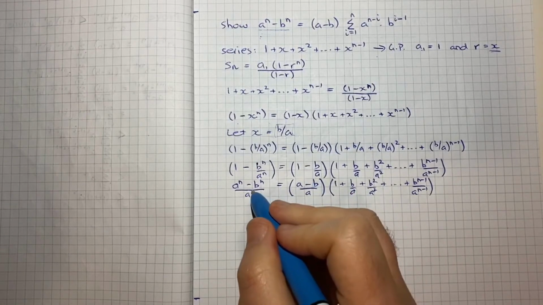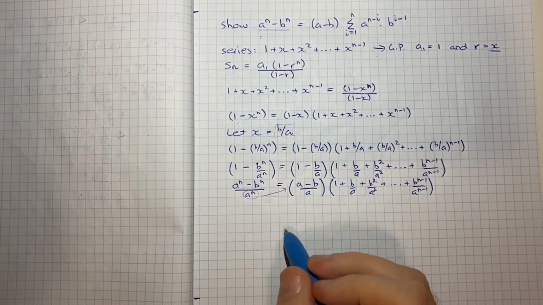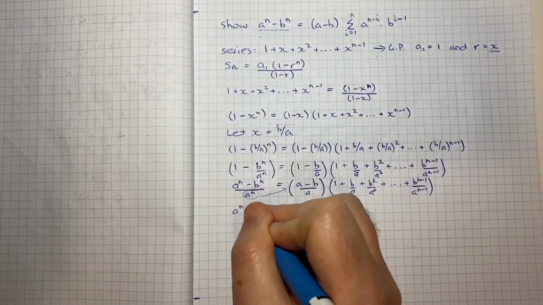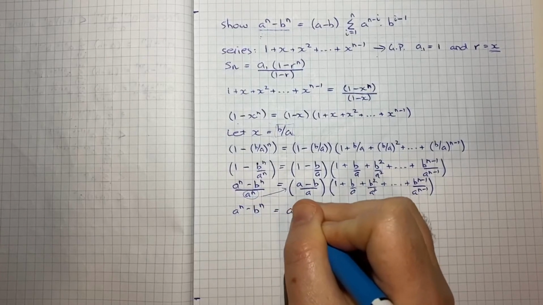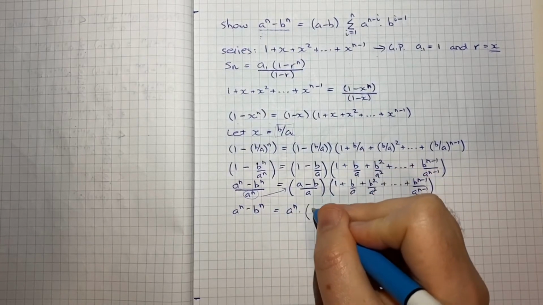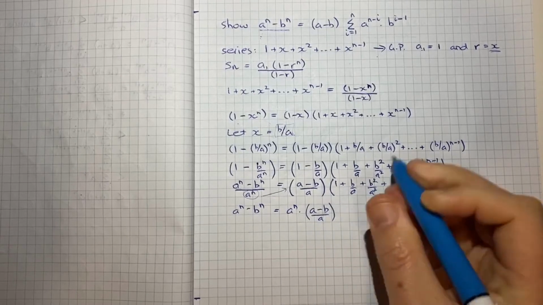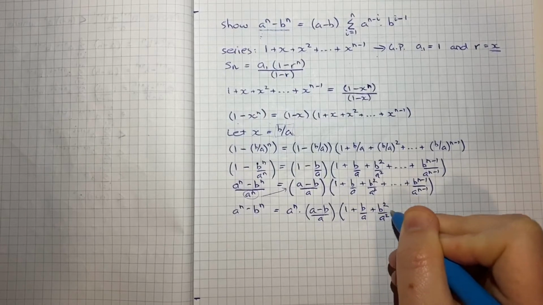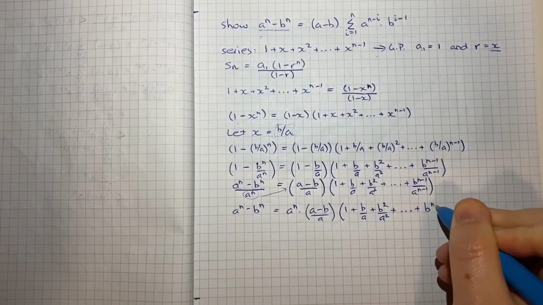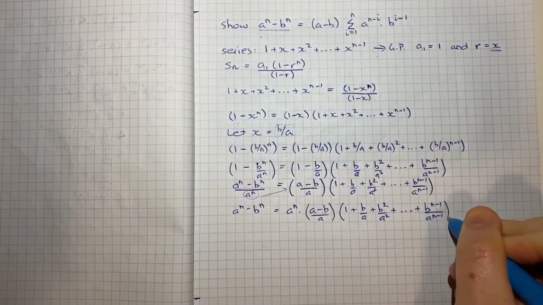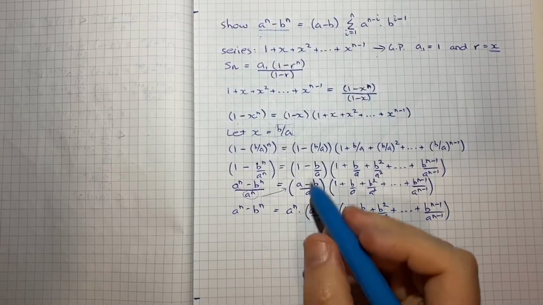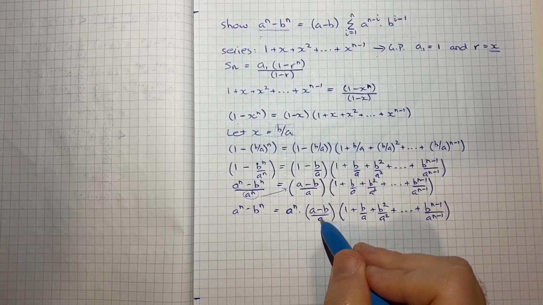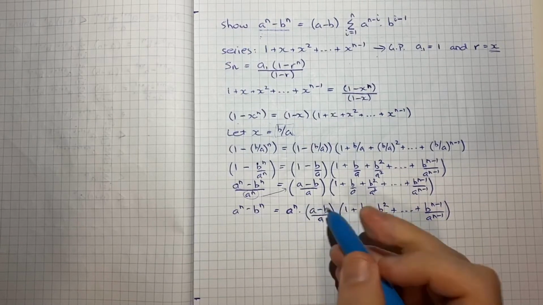Alright, now what I'll do is I'll bring this a^n over to the right hand side so that we've honed in on what we're looking for. So we'll get a^n - b^n is equal to a^n times (a - b) on a times 1 plus b on a plus b squared on a squared plus ... b^(n-1) on a^(n-1). Now this a^n divided by a is effectively a^(n-1), so we can bring those together.